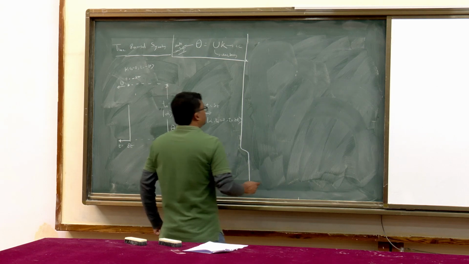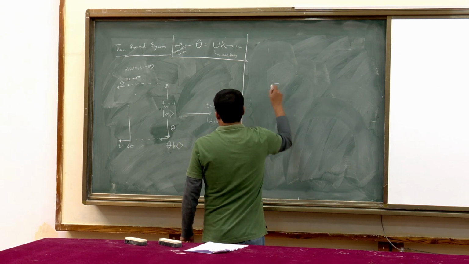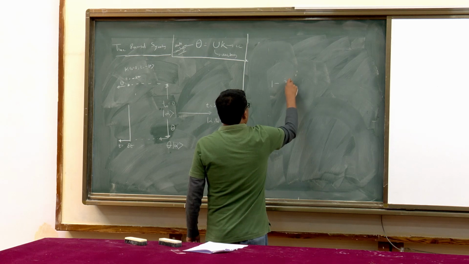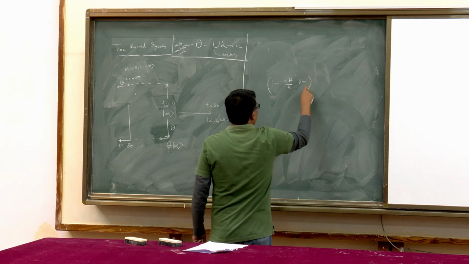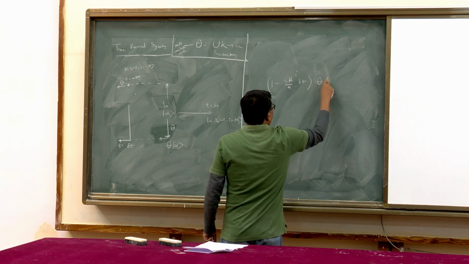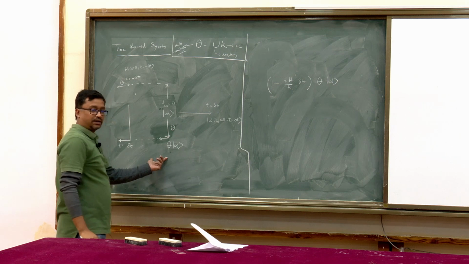So, what are these two states? Either I start with this. My evolution is 1 minus i H by h bar delta t, theta alpha, that is the state.